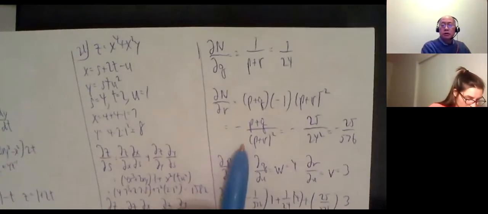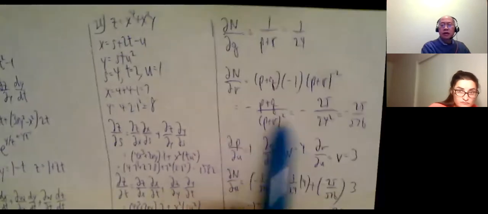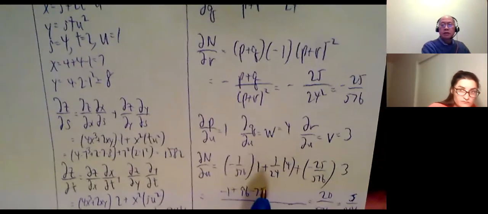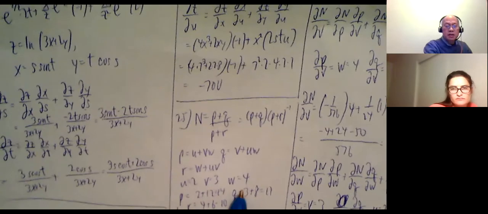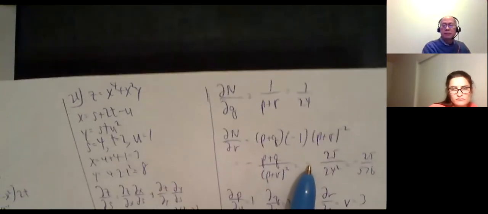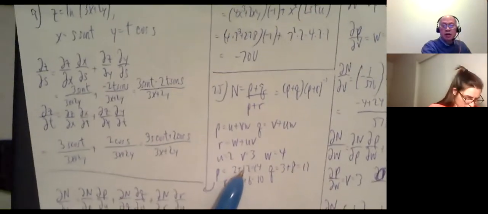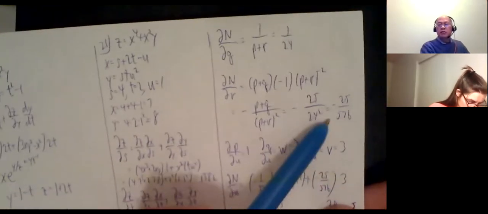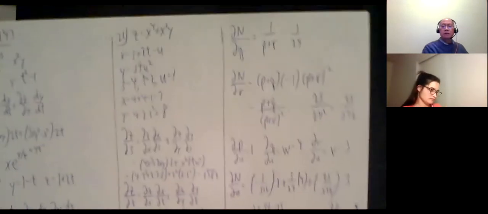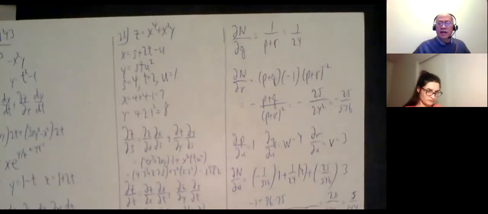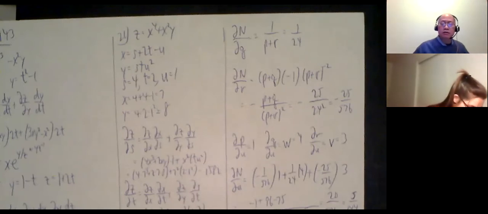Negative (p plus q) over (p plus r) squared. Plug in. So p plus q is 14 plus 11, which is 25, divided by (p plus r) squared. p plus r is 14 plus 10, so 24 squared, so negative 25 over 576. So if you're careful with the derivatives, I think you can get it. It just, like I say, it can get really long.